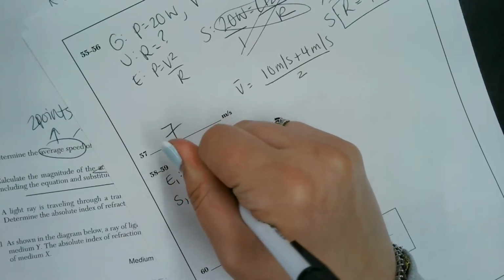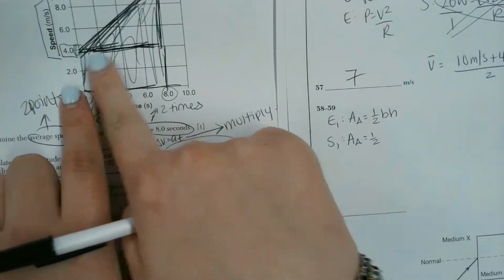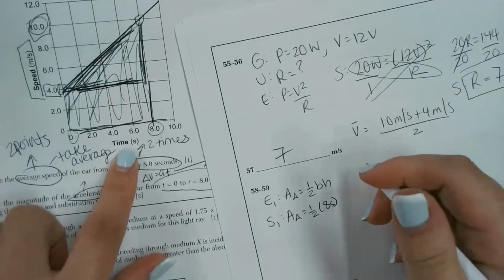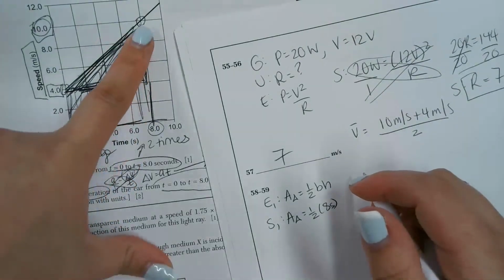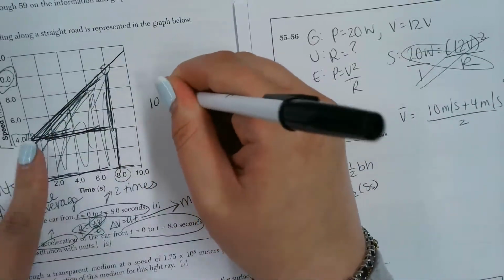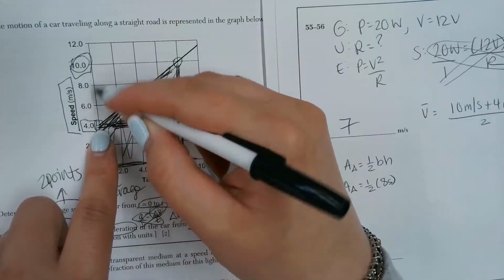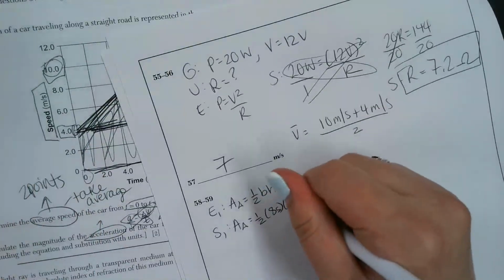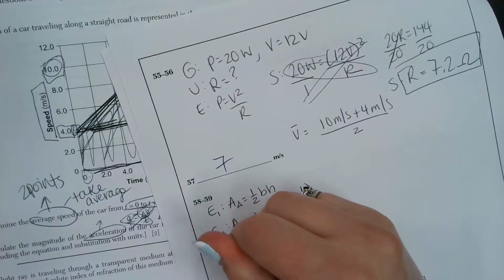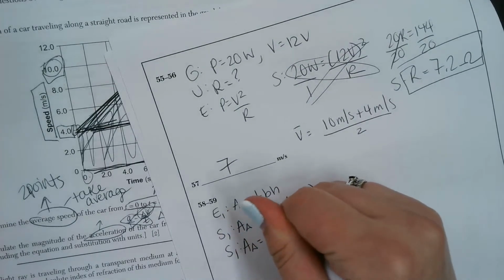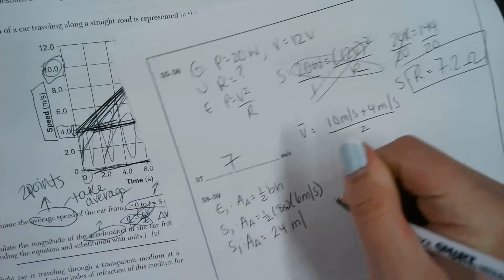The base goes from 0 to 8, so 8 seconds, because we follow the units, and the height, we're 4 to 10. So you do 10 minus 4. That's 6 meters per second, right? See how we started at 4 and we're going to 10? This is the difference here. So we have 6 meters per second. So area of a triangle, so I have 0.5 times 8 times 6. I get 24 meters per second.